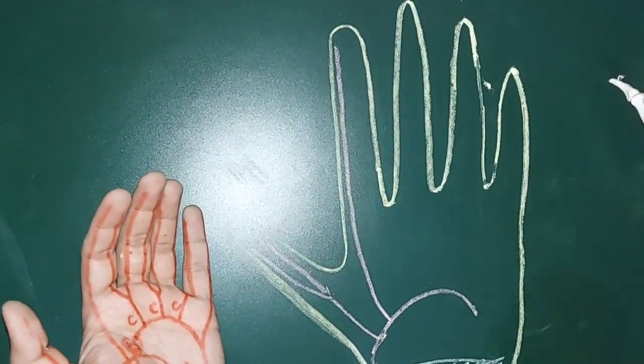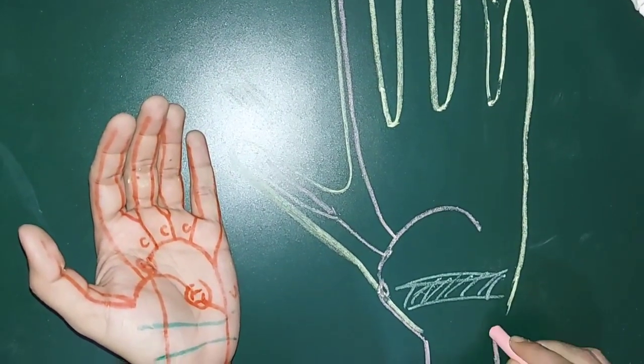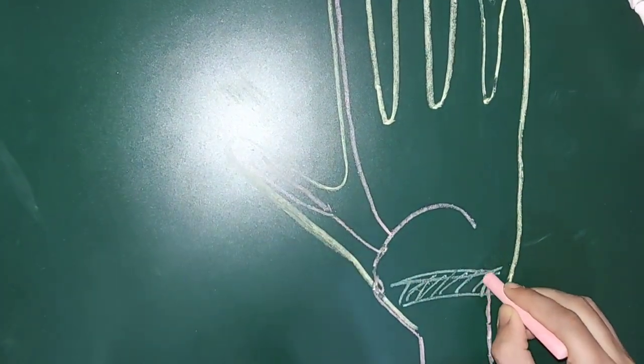Now this is the ulnar artery coming from the ulnar side, superficial to the flexor retinaculum.